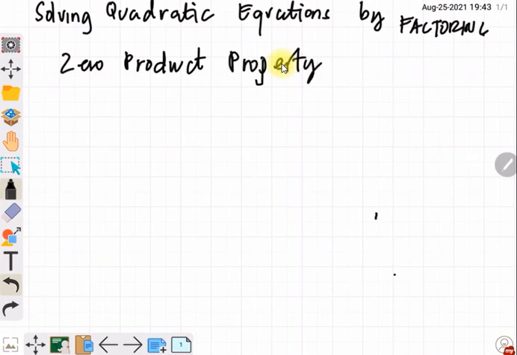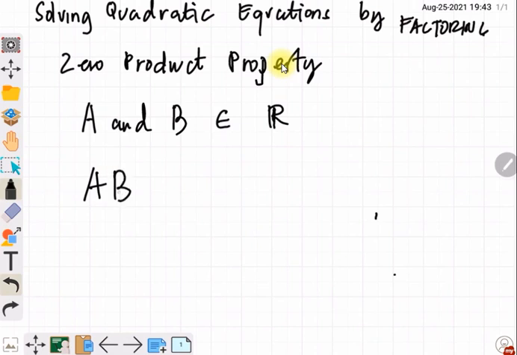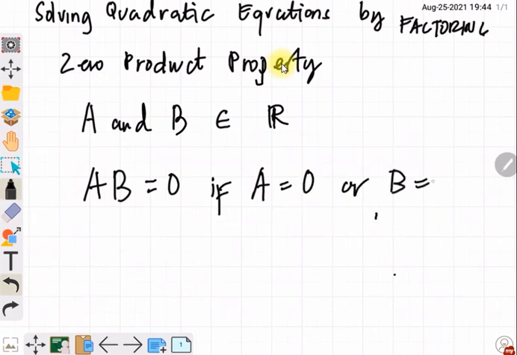Okay, so the zero product property states that if a and b are real numbers, and a times b equals 0, then a equals 0 or b equals 0.